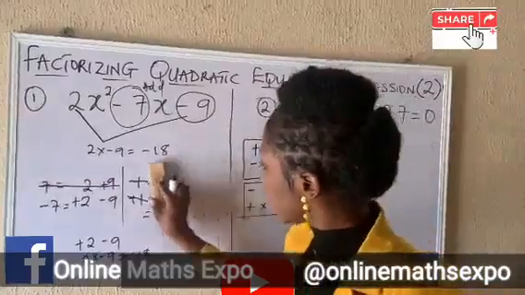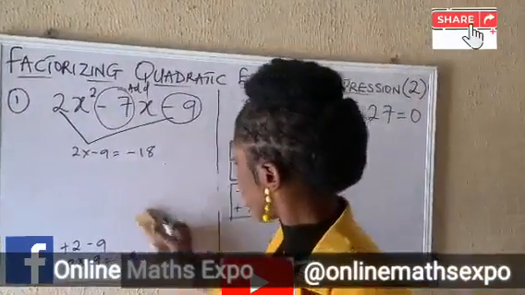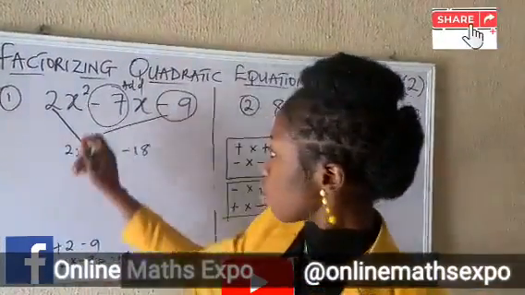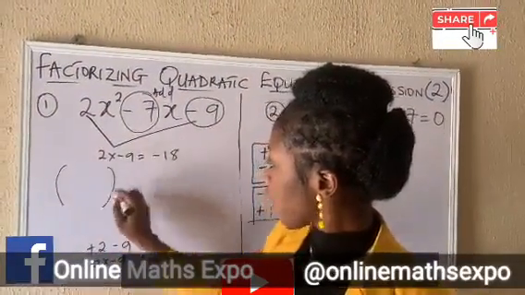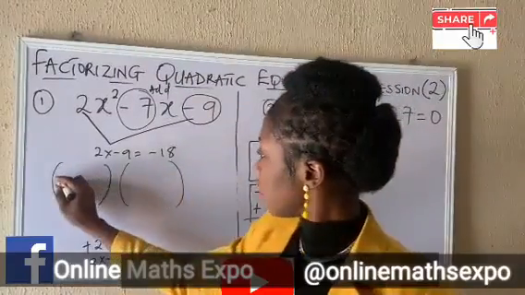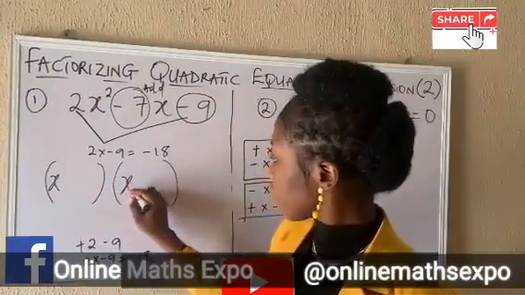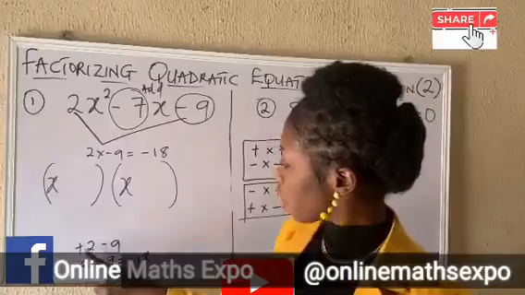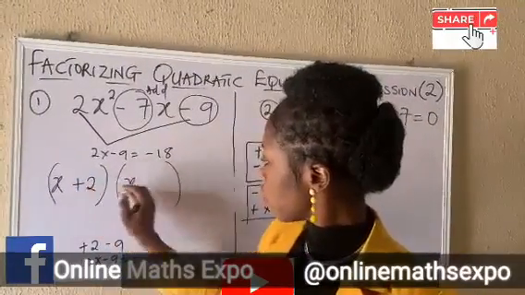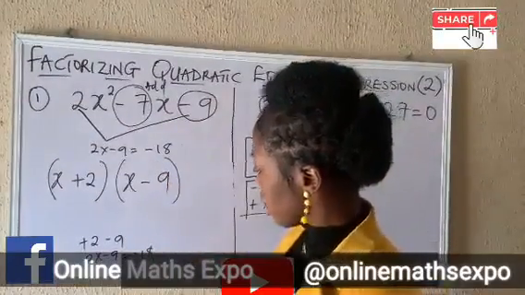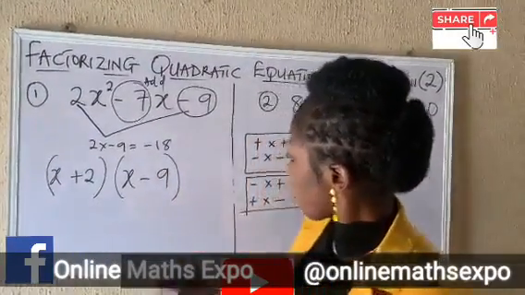So we're going to clean this off and then factorize completely. Remember, this is x squared. As usual, we open 2 brackets and give this one x and give this another x. So these two factors we chose, which are 2 and minus 9, this will take plus 2 and this will take minus 9.